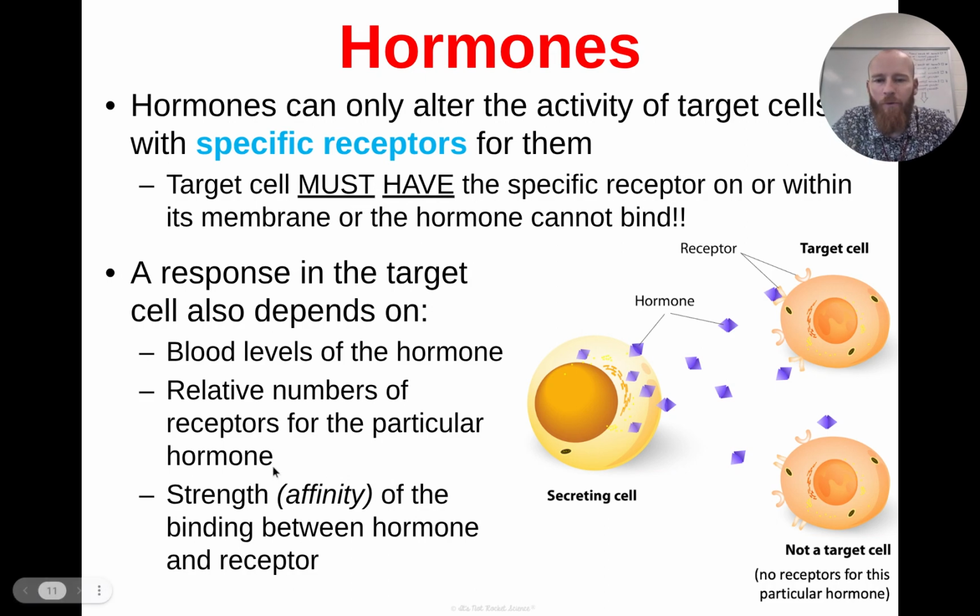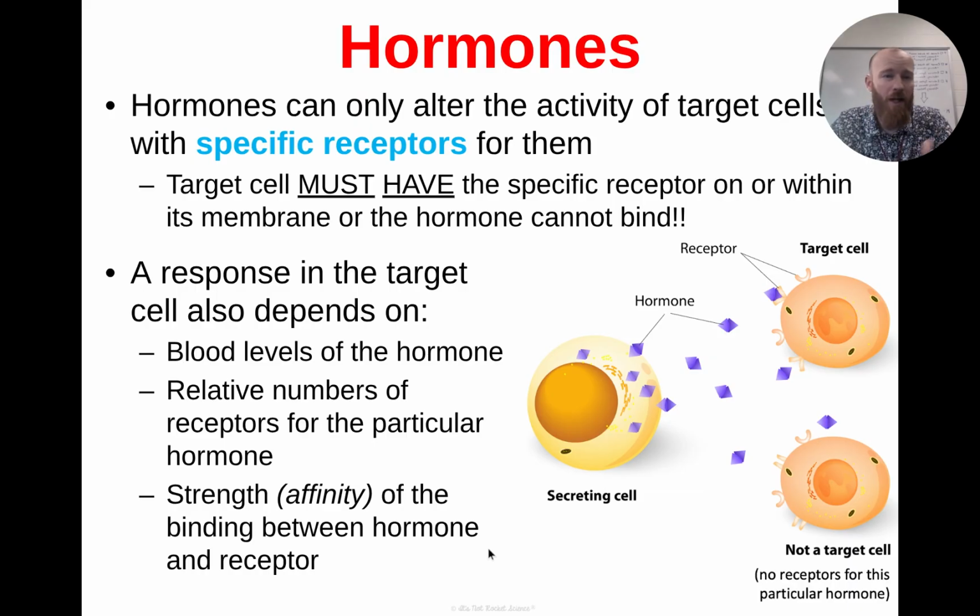And then finally, the overall strength of the binding between the hormone and the receptor, right? So if those receptors allow hormones to bind and they continue to elicit an effect as they're bound, then that can have a stronger effect until that hormone is then released.